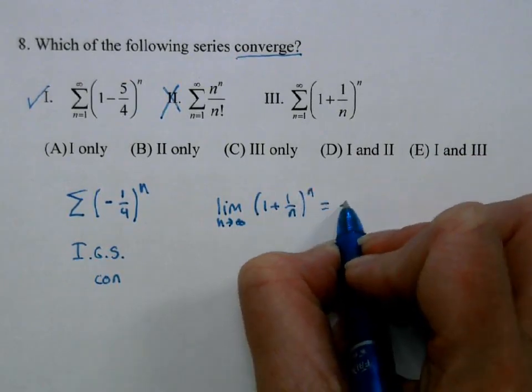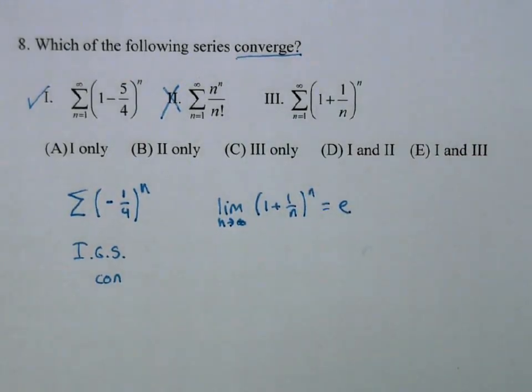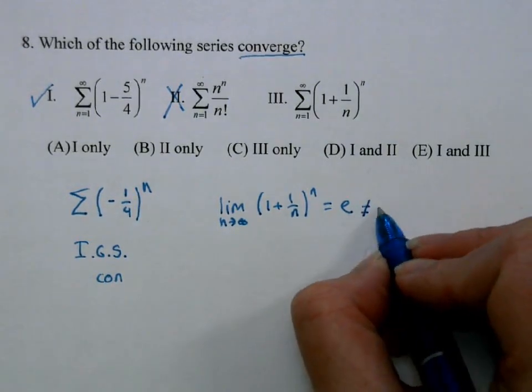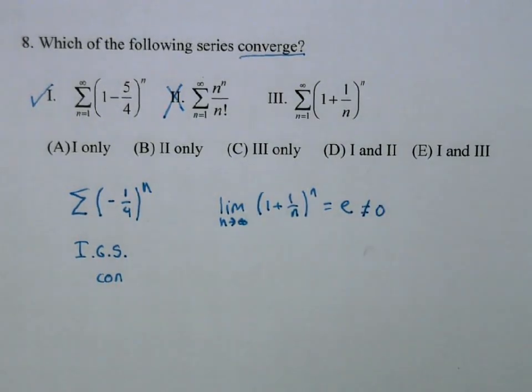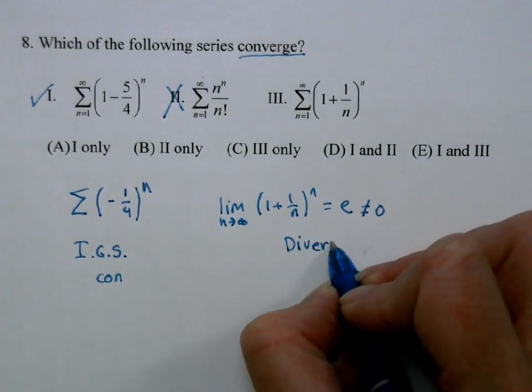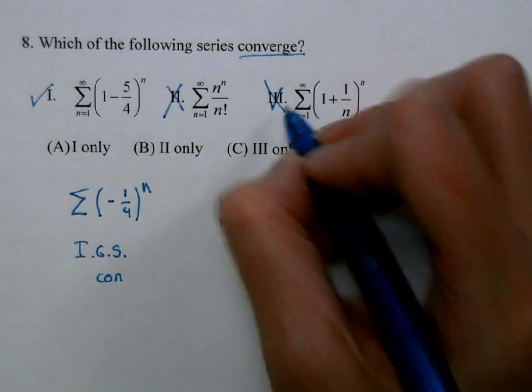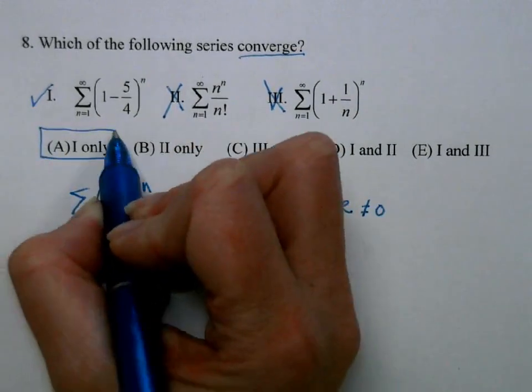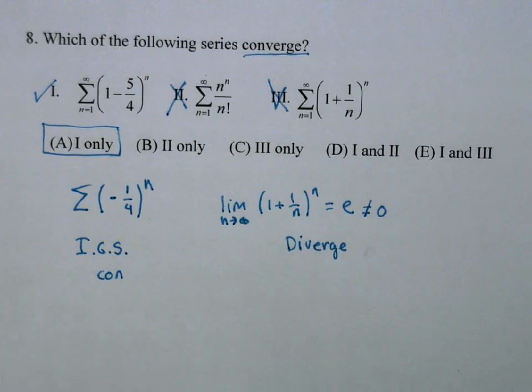And in order for a series to converge, the limit of the nth term must equal 0. This is the divergence test. If it does not equal 0, then the series must diverge. Okay, so the only one that converges is our good old geometric series. So that is the ratio test. We'll be doing a lot more with the ratio test later on.